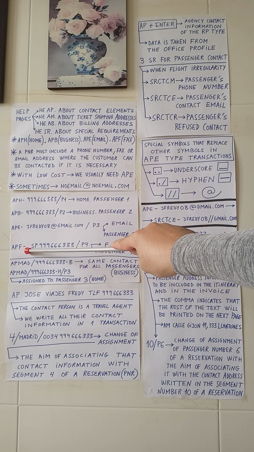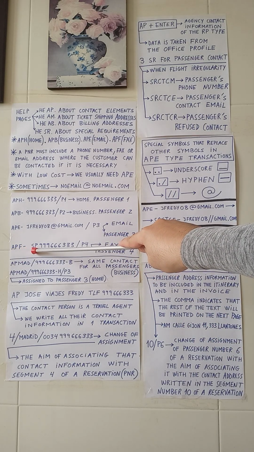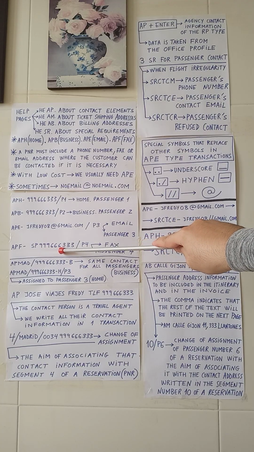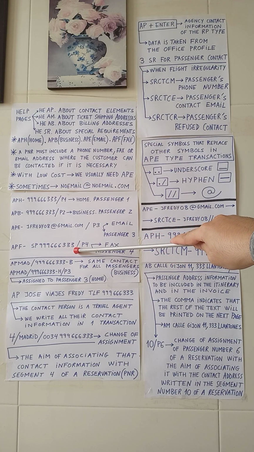APF space SP 999666333/P4 allows you to enter the fax number of passenger number 4 of a reservation. We have added the letters SP in front of the fax number to indicate that the country where it is located is Spain.